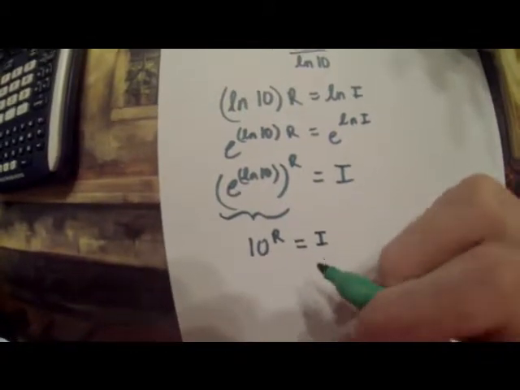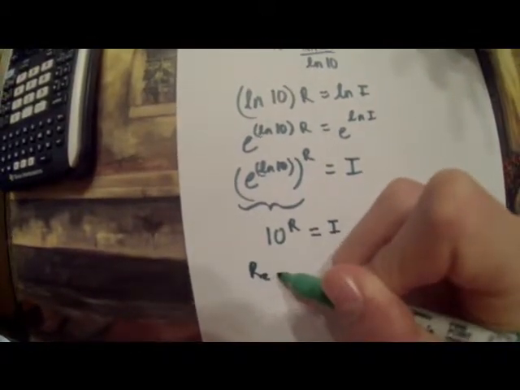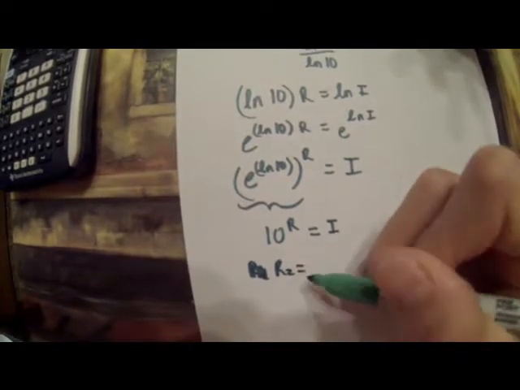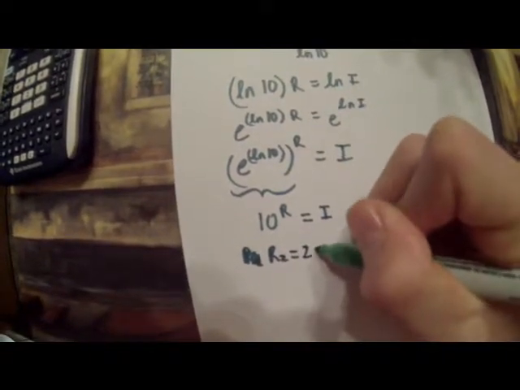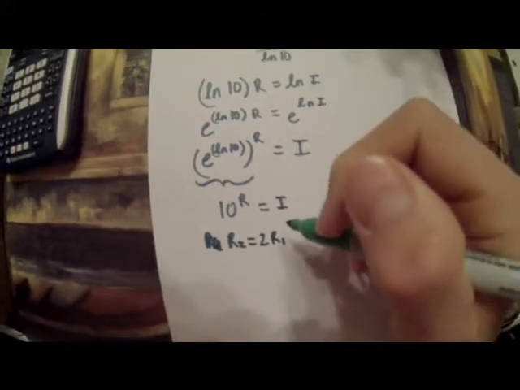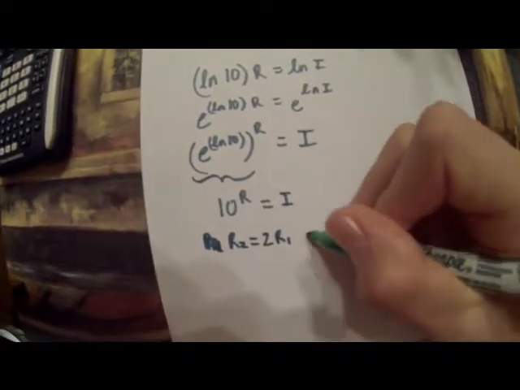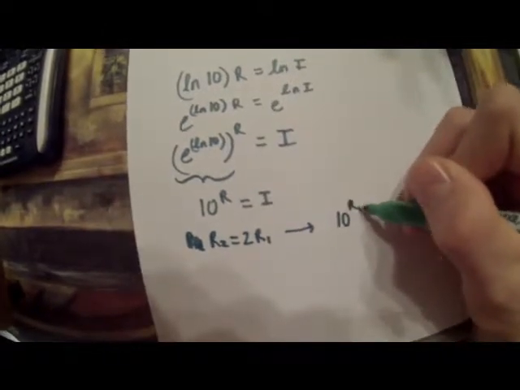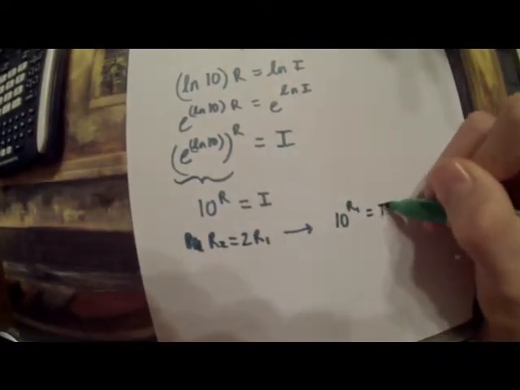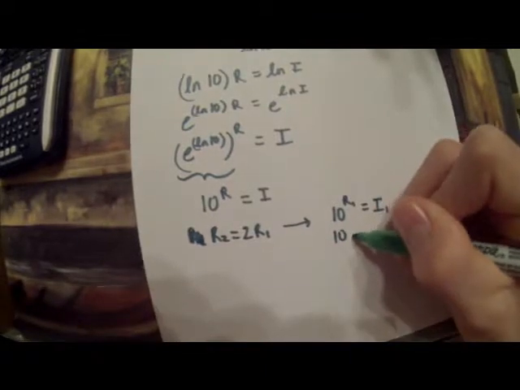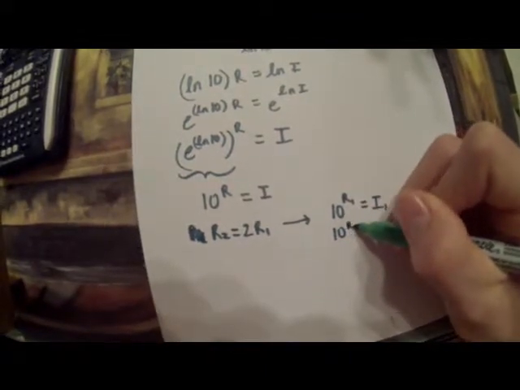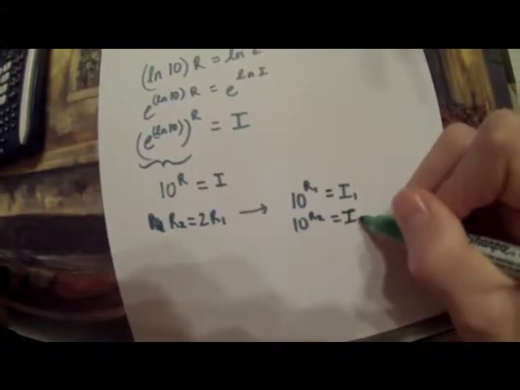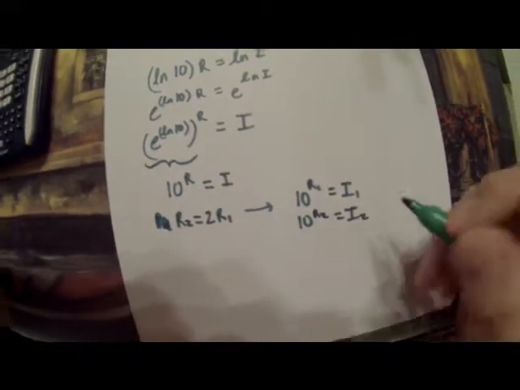So if we say that R2 equals 2 times R1, then 10 to the R1 equals I1, and 10 to the R2 equals I2, right?